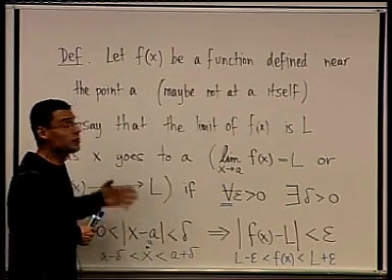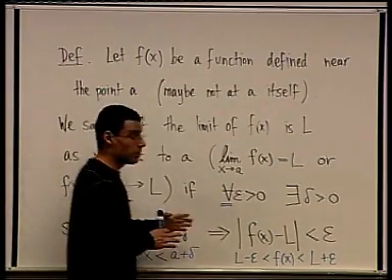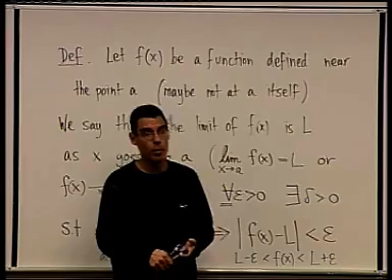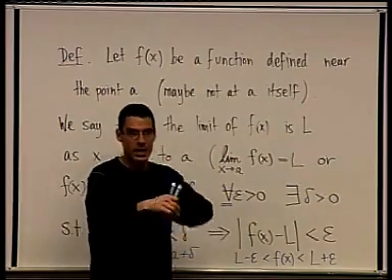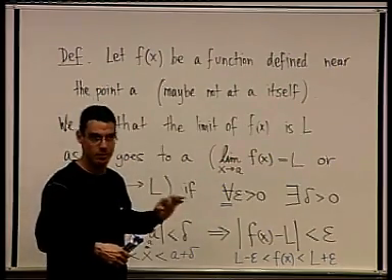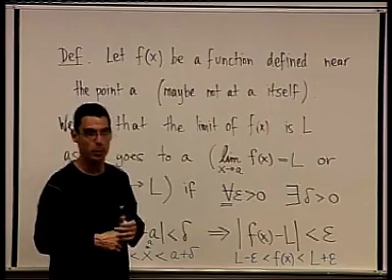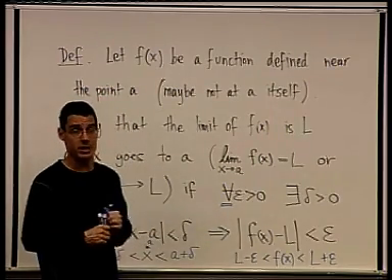Okay? How to find limits? Well, the process is going to be the following. Step 1, we're going to calculate some limits with bare hands, using this definition. We're going to sweat. It's not easy, but we're going to do it for a couple of examples so you can appreciate how not easy it is.